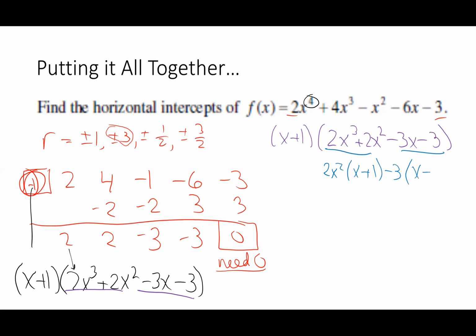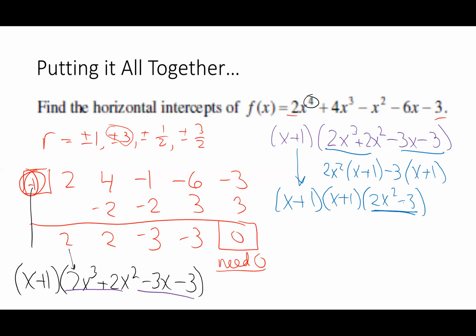I get x plus 1. And so now I have x plus 1, 2x squared minus 3. And then don't forget I still had my x plus 1 up there. All right, now 2x squared minus 3.